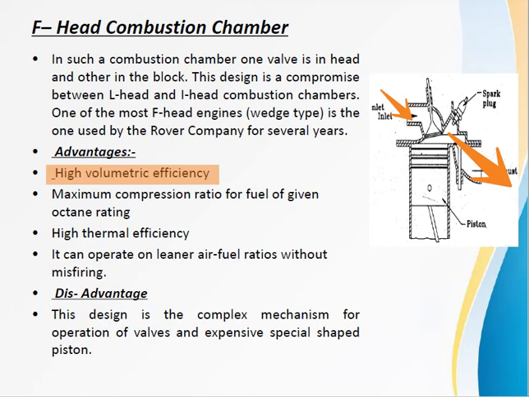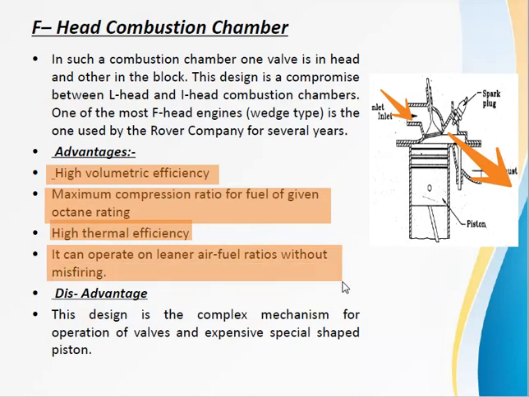Next advantage is maximum compression ratio for fuel can be given as the octane rating of the fuel is higher. So you can go for higher compression ratios. Next, this will lead to higher thermal efficiency of the engine, and it can operate on leaner air fuel ratios without misfiring. So these are some of the advantages of F head combustion chamber.